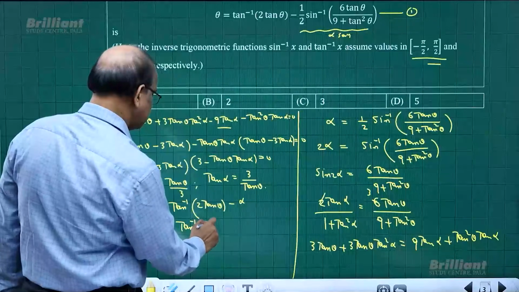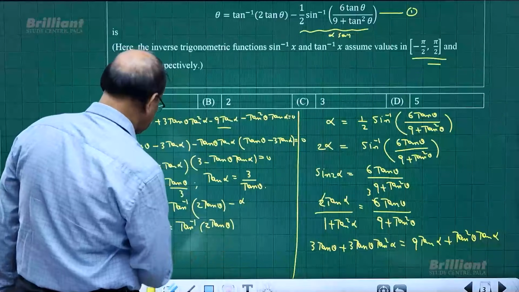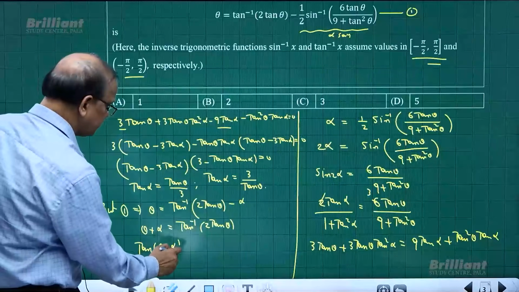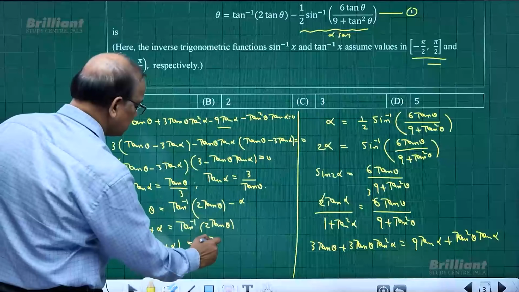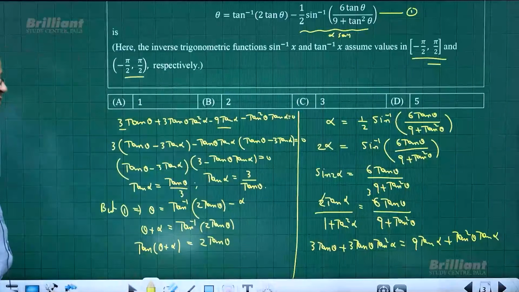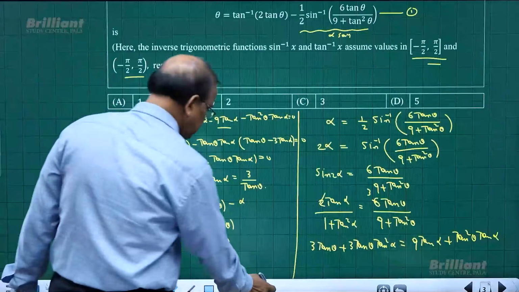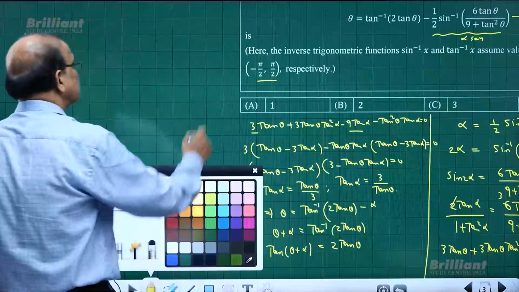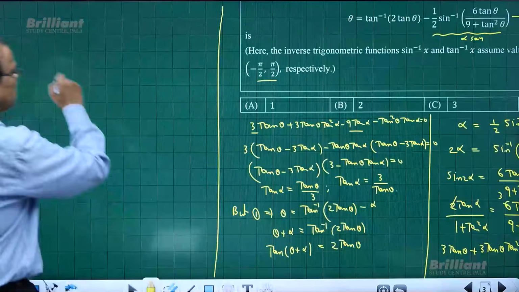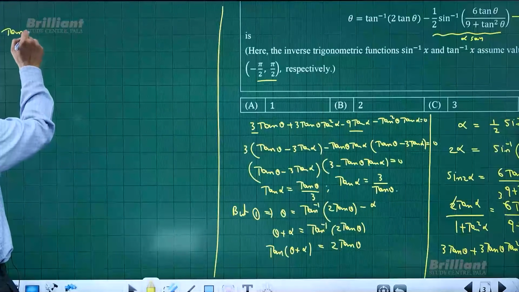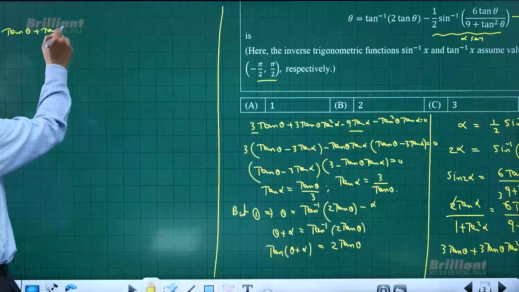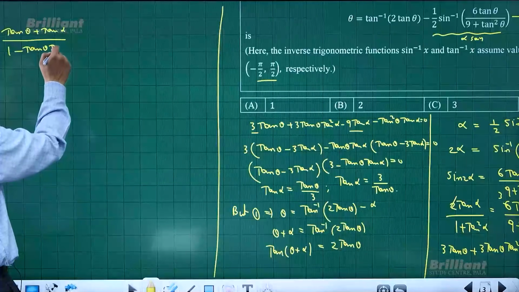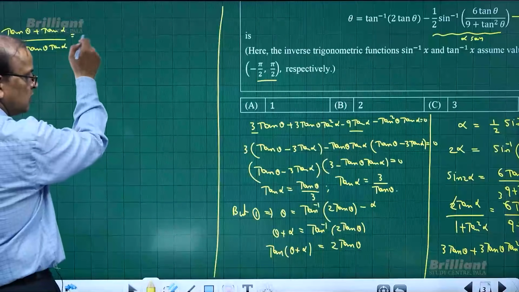So 2 tan theta and tan transfers this side. So tan of theta plus alpha is equal to 2 tan theta. Now it is tan A plus B, you know tan A plus B, you can write, right? So therefore tan theta plus tan alpha whole by 1 minus tan theta tan alpha is equal to 2 tan theta.